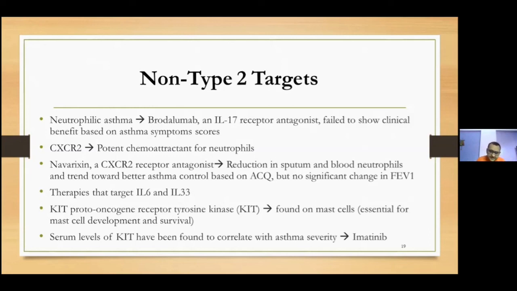Another important area is KIT, the specific proto-oncogene receptor tyrosine kinase. It is generally found on mast cells, and we all know this is essential for mast cell development and survival. For that, there is some study with imatinib that modulates the KIT level, and that results in reduction of severity of the asthma.